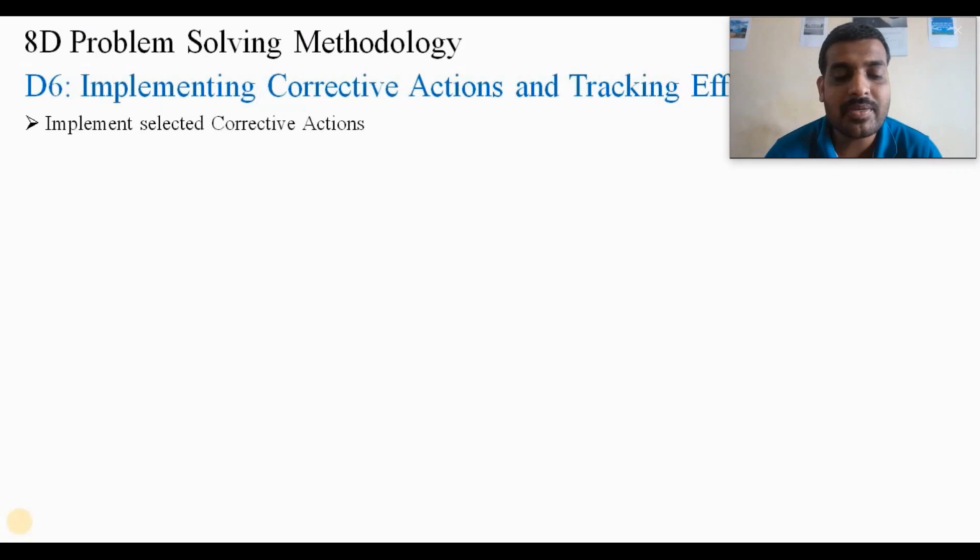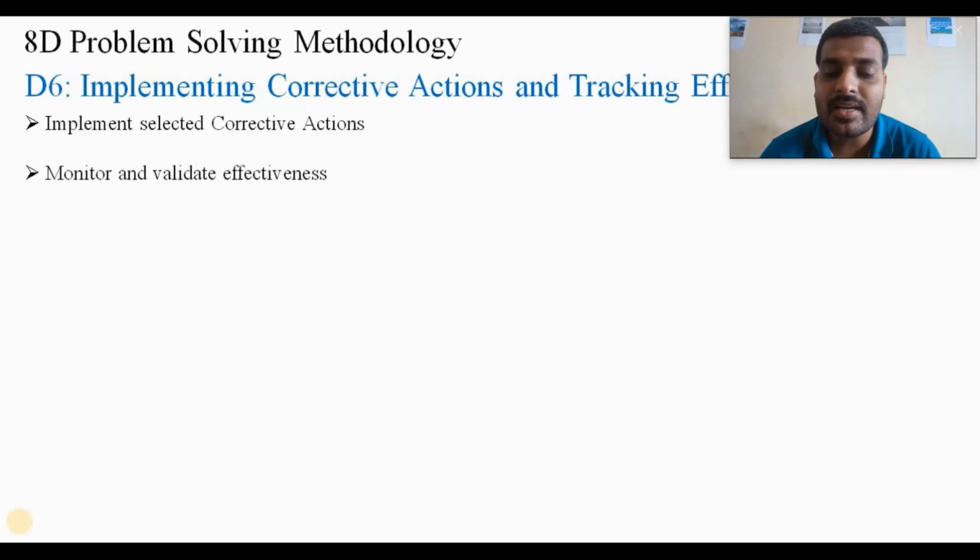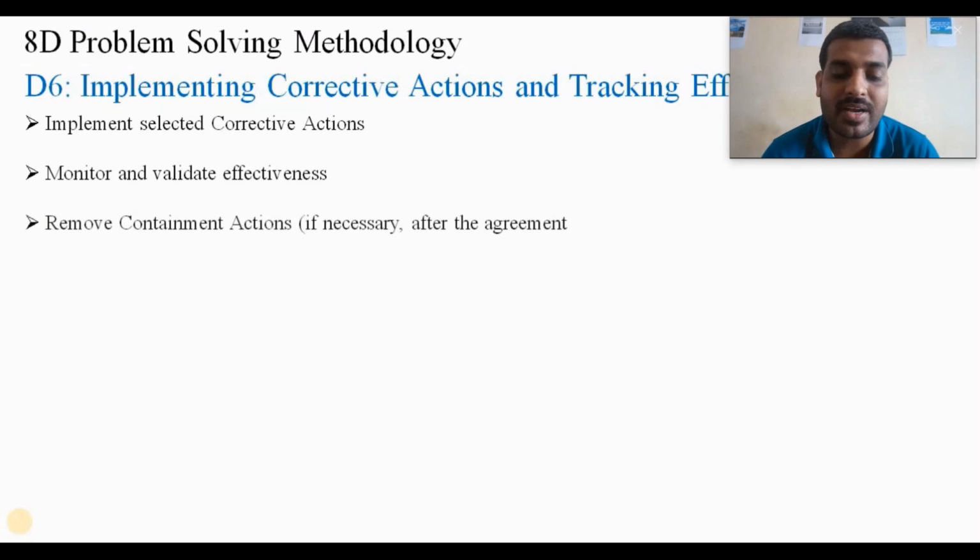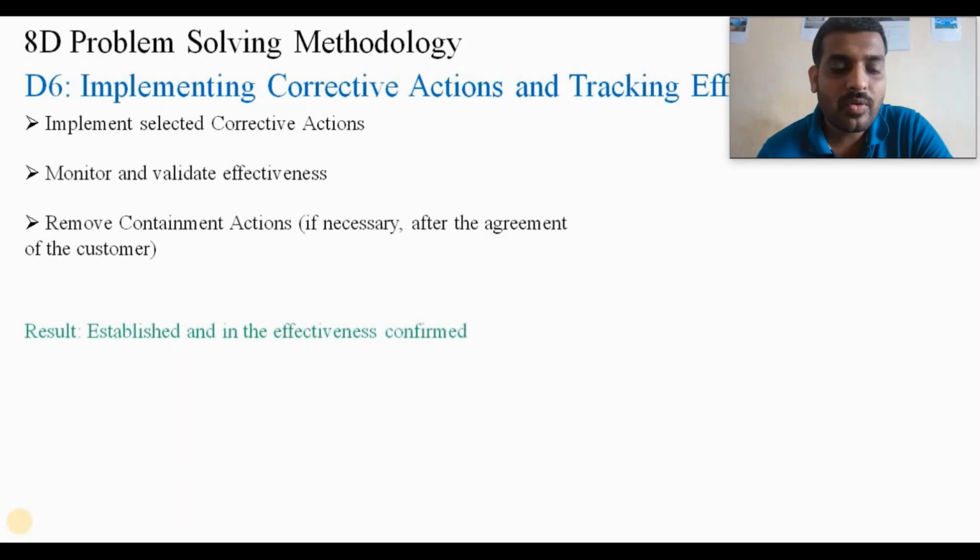The result must be documented, and removal of the containment action after introduction and verification of the corrective action should be done in agreement with the customer. So D6 will result in established, effectiveness-confirmed corrective actions and removal of the containment actions from D3.